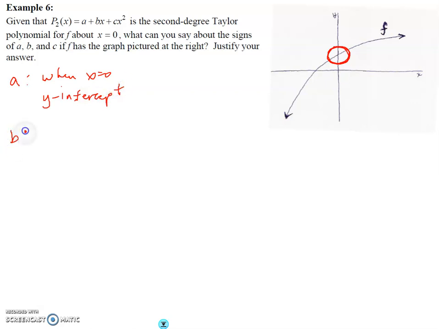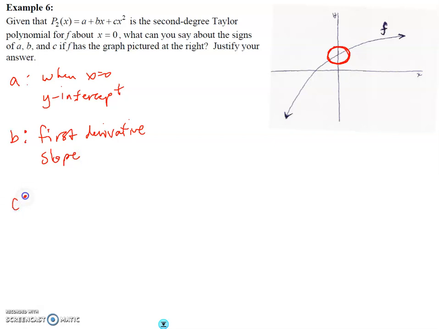Now b, if we think about how we write a Taylor polynomial, b is the first derivative. And the first derivative tells me my slope.